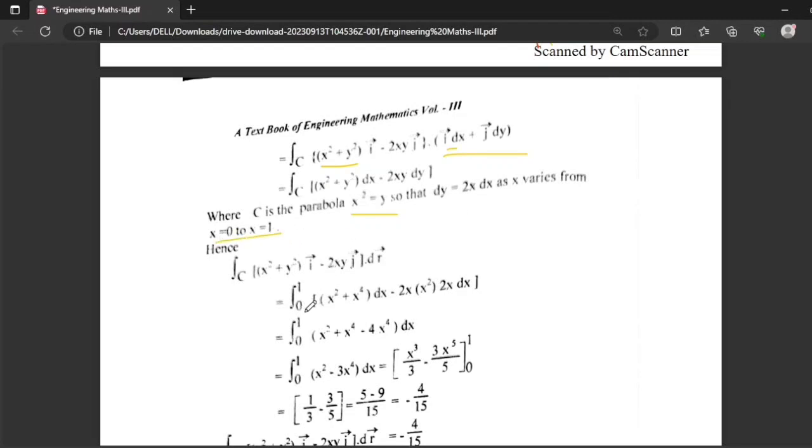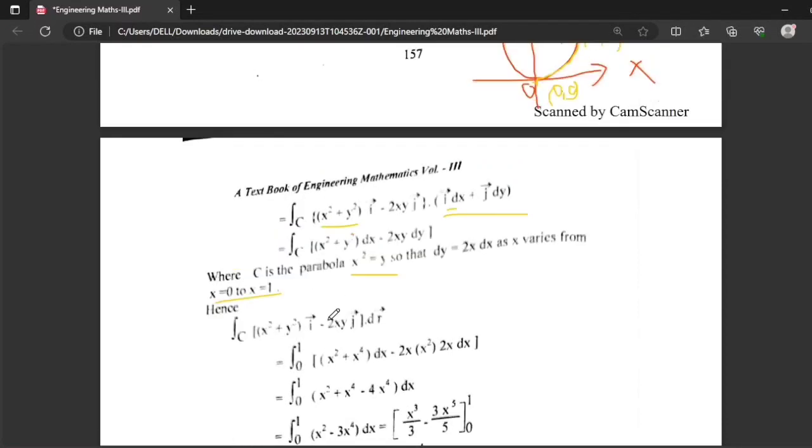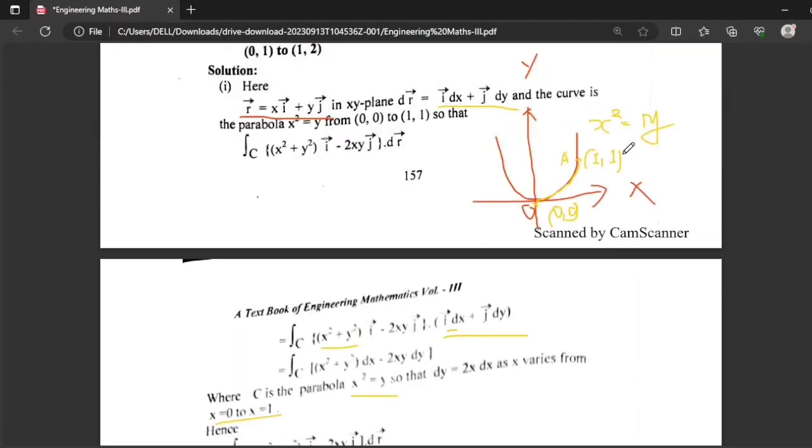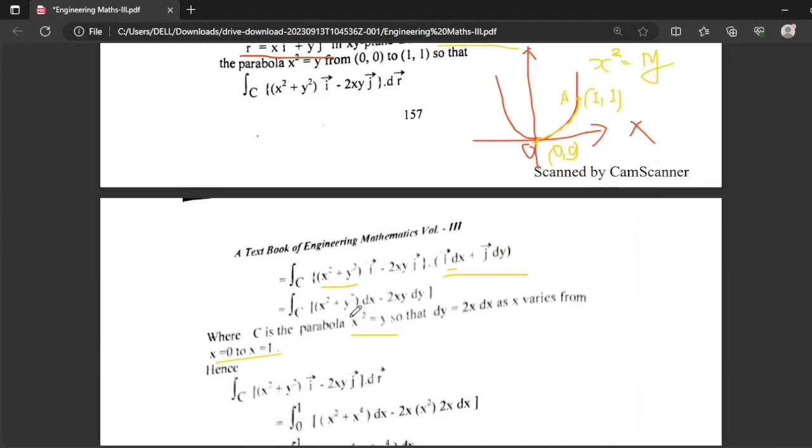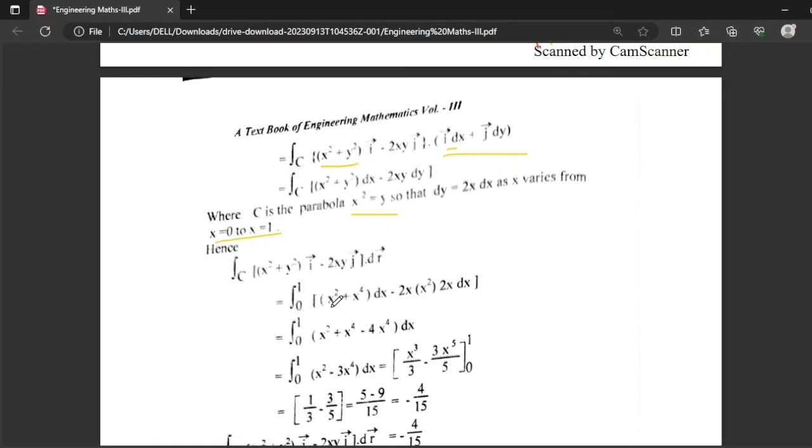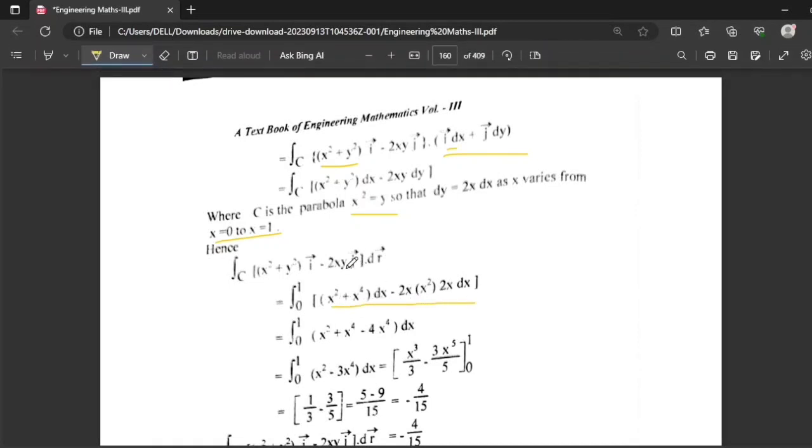So x from 0 to 1, x square is the same, and y square is x square whole square, which is x power 4, minus 2 x y, where y is x square, and dy is 2x dx.